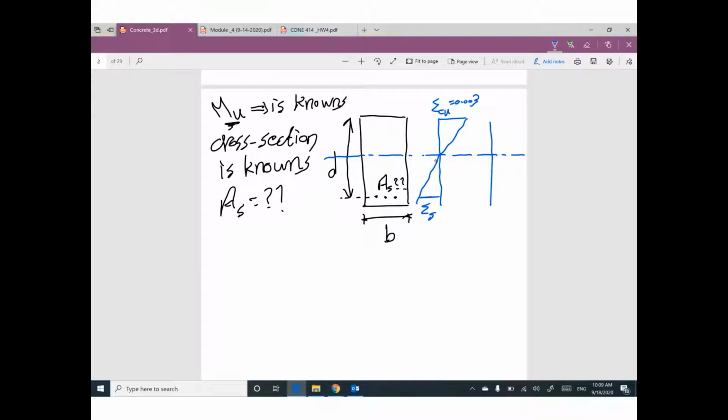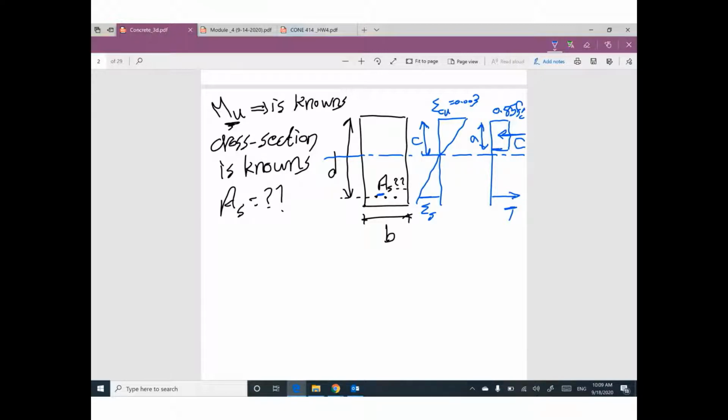We have compression stress block with depth A, and the total depth for the neutral axis is C. This value of stress 0.85 F prime C. And we have here a tension force in the steel reinforcement, which is unknown. And we have compressive force here, capital C.